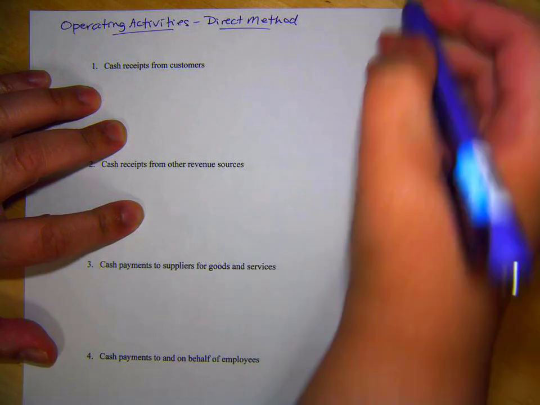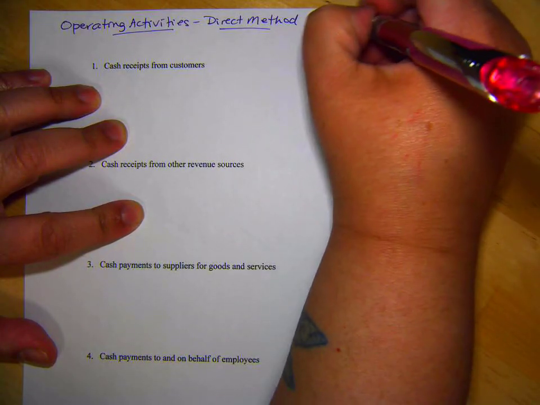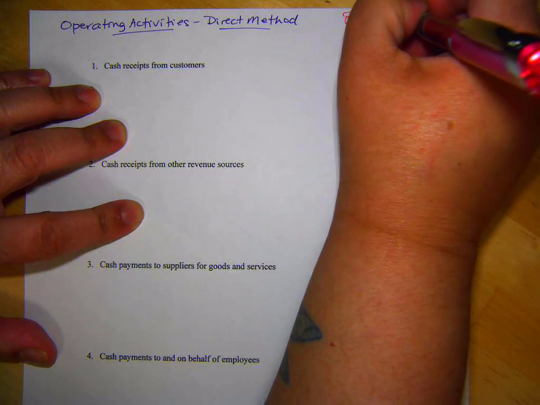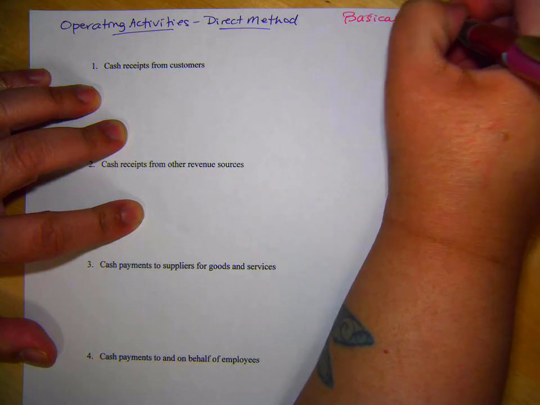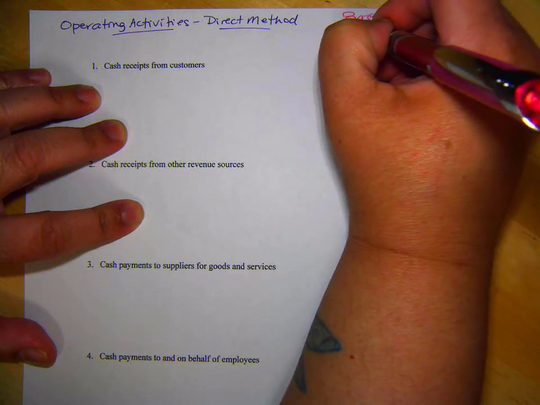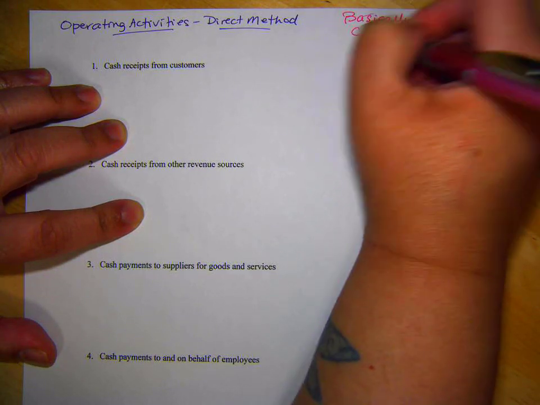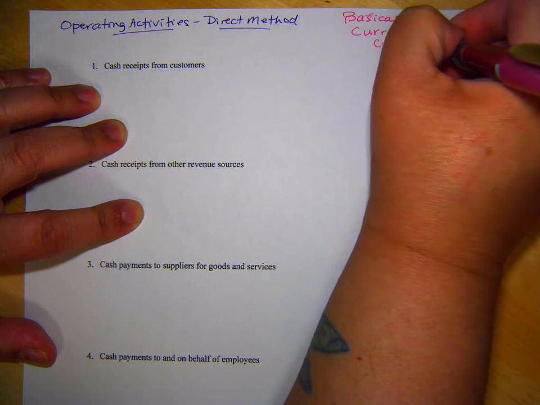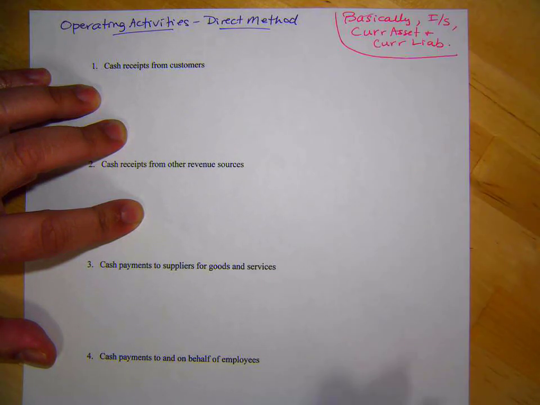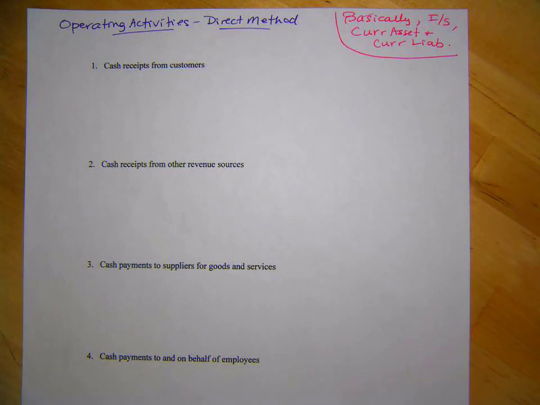Okay, so basically we're taking the income statement, current assets, and current liabilities go in this section. So we're going to deal with all of those.